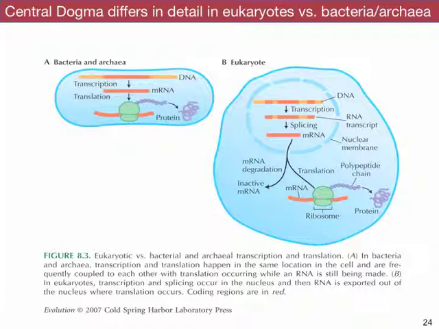Those introns are cut out, and then the RNA is exported out of the nucleus into the cytoplasm. And that's where translation happens. Because of that decoupling, eukaryotes do not use translation processes to directly regulate transcription, because translation is happening in a different part of the cell.